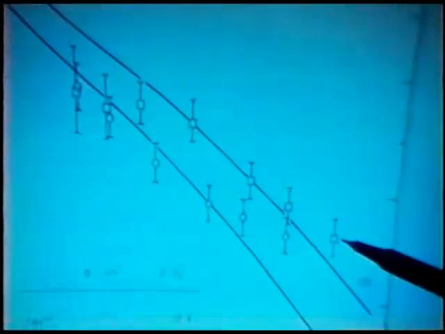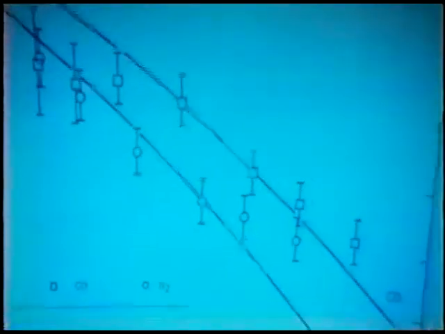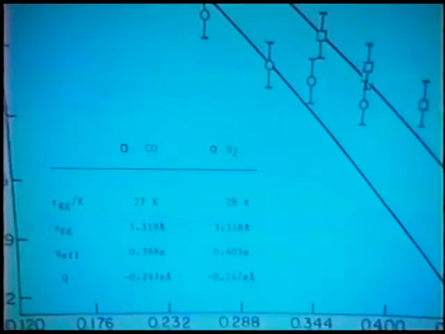So then we would expect that in two dimensions the same kind of thing might result, that the difference in the quadrupole moment would explain the difference in the two-dimensional virial coefficients. Well, this doesn't turn out to be the case. The squares here are our experimental carbon monoxide data, the circles are the nitrogen data, and here we have the best fit values for the parameters.